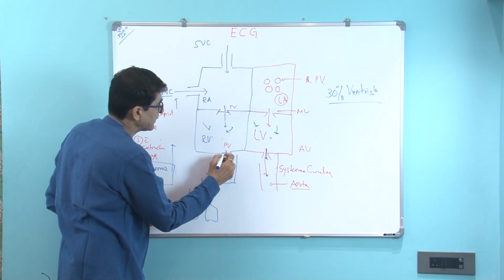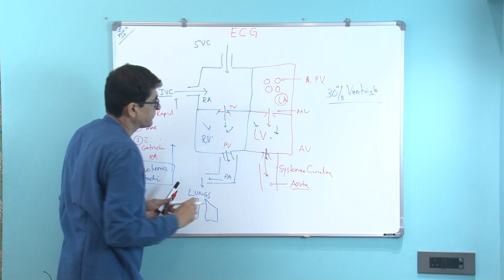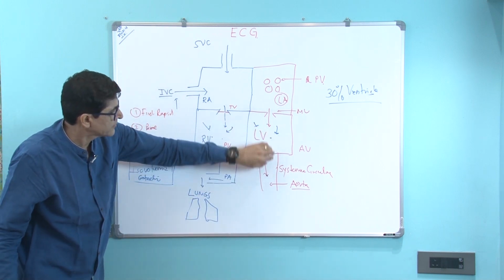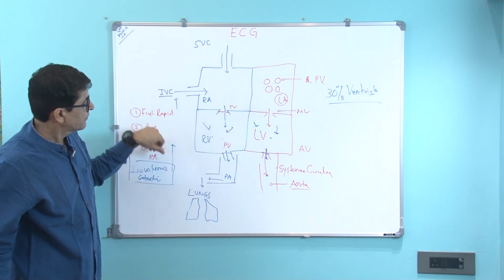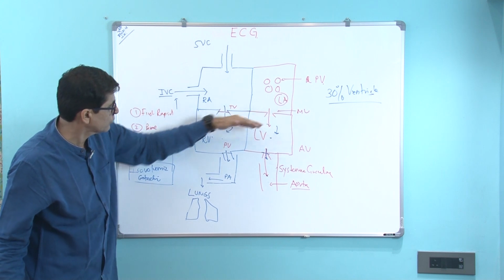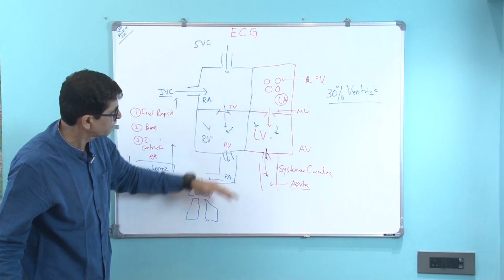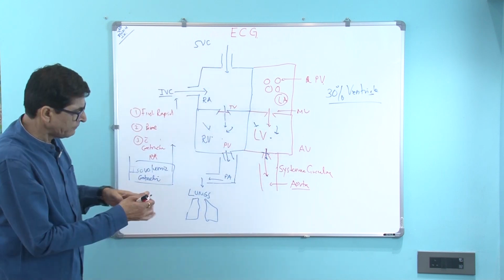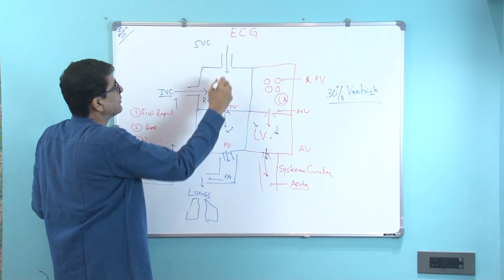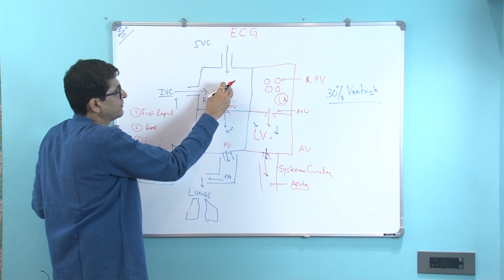At the end of the systole, these valves are closed. While the blood is being ejected into the pulmonary and systemic circulation, and these valves are closed, these valves are open, and they are continuously receiving the blood here, because there is no time.